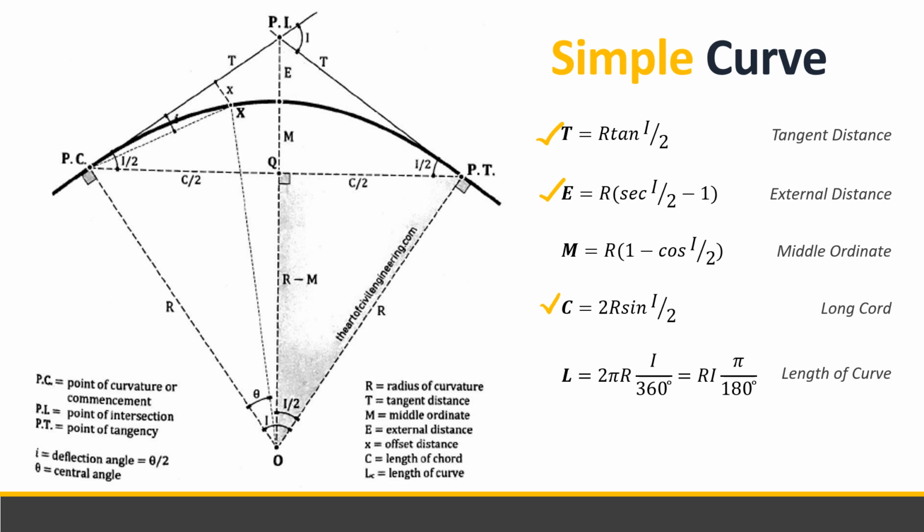Long chord is 2R sine I over 2, and length of arc is 2 pi R I over 360 or R I times pi over 180. That's the length of curve. So yung involved lang na variables is the radius and the interior angle. So as long as meron radius and interior angle, pwede makuha lahat ng mga variables natin.